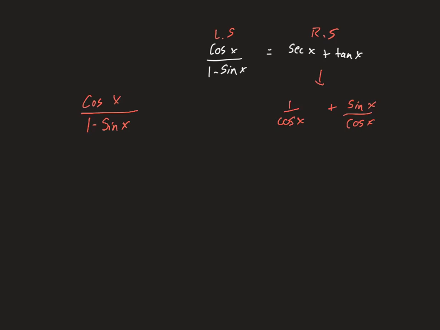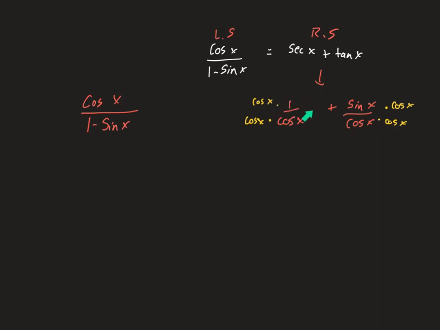And I'm noticing if I want to get rid of that 1 on the top, for instance, well, I can just multiply everything by whatever my bottom is. This way, I'm getting rid of this one over here. I could also use that 1 is the same thing as sine squared x plus cos squared x, but that won't get me anywhere.